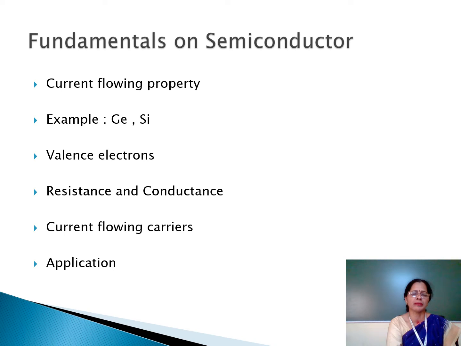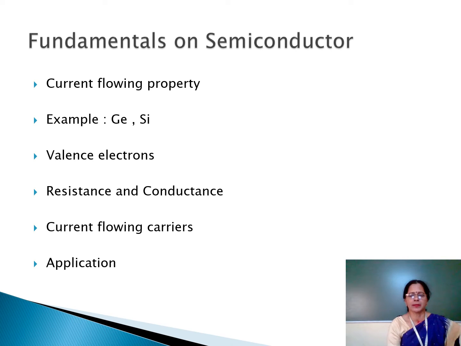But in the case of a semiconductor, the resistance is not as low as in a conductor or as high as in an insulator. Its resistance is more than that of a conductor, but less than that offered by the insulator. That is why we can say the resistance property lies in between the conductor and insulator.